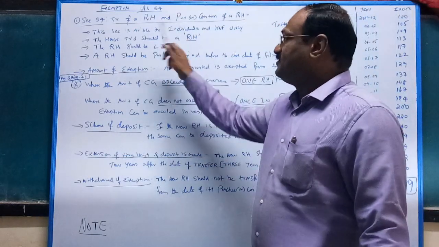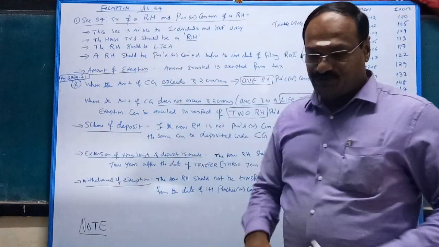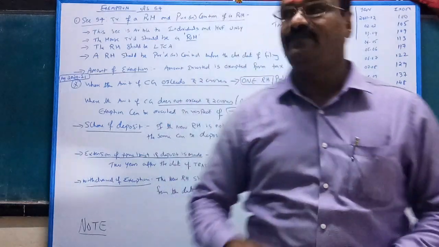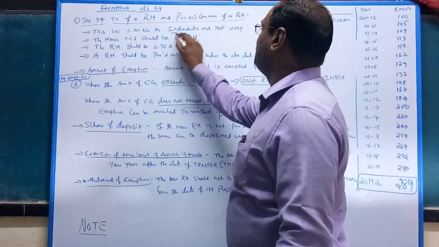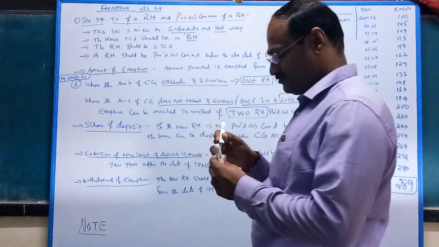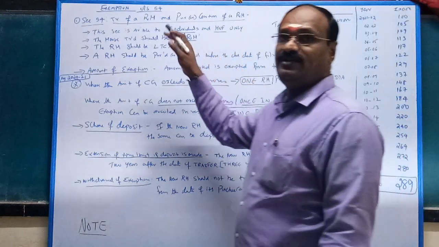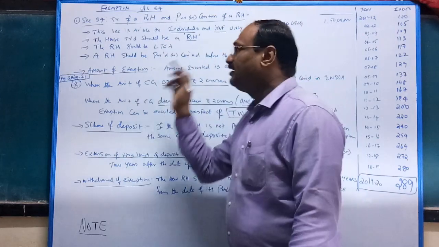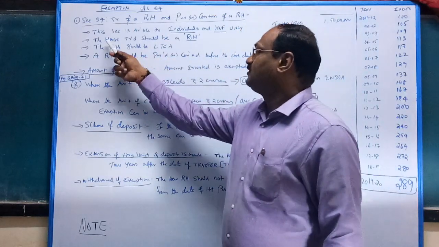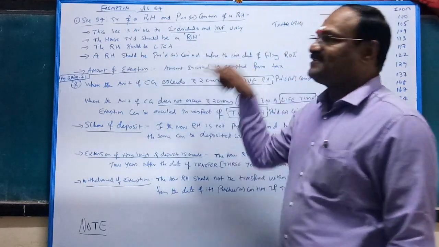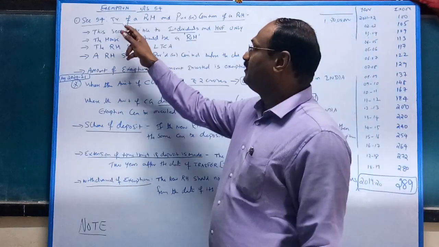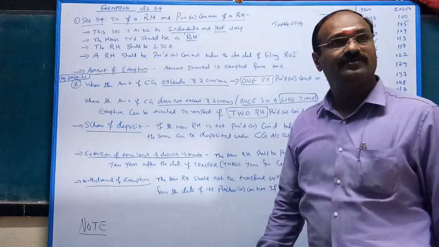Generally this section is available only to individual and HUF, not for others like companies. So section 54 is available only for individual and HUF. Next one, the house transferred should be a residential house. See here, transfer of residential house, very important.